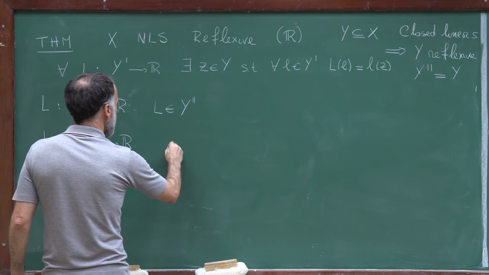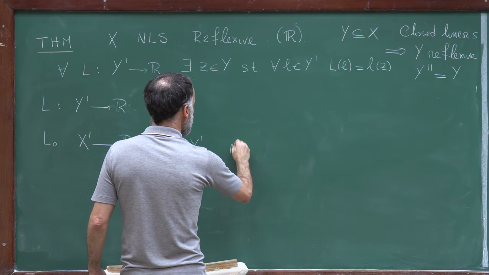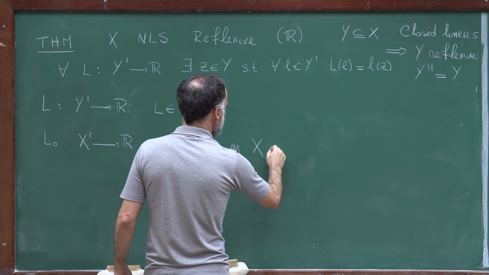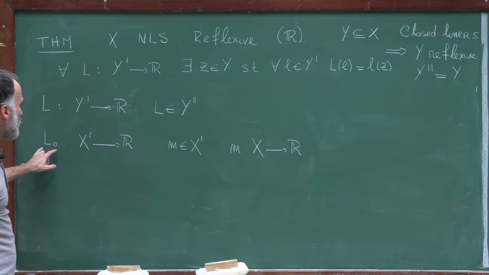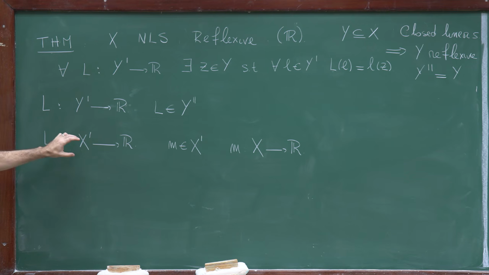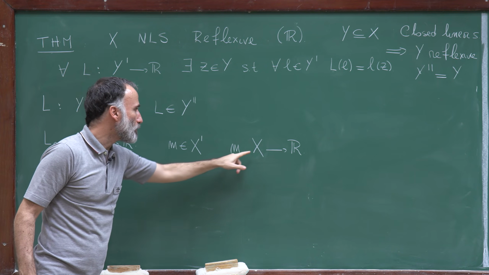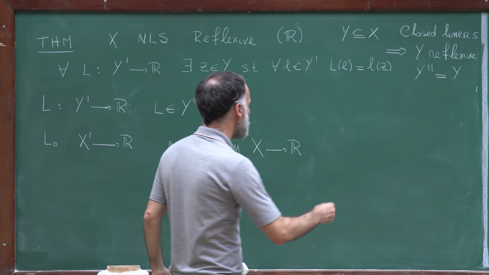So let's take m in X prime. So this means that m is a bounded linear functional from X to R. I have to define L0 of m, but for that I need to use L, so I need to transform this bounded linear function from X into a bounded linear function on Y. We have seen how to do that.